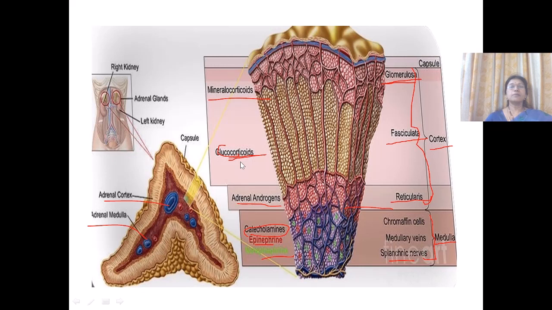Glucocorticoids are named so because they are derived from the cortex region of the adrenal gland, and they are steroidal hormones. These glucocorticoids affect the carbohydrate metabolism, glucose metabolism, hence they are called glucocorticoids.